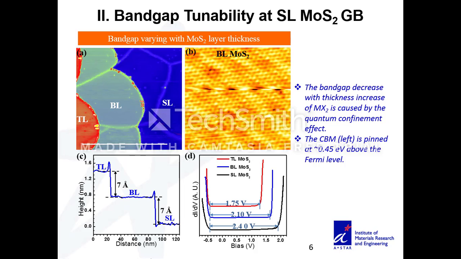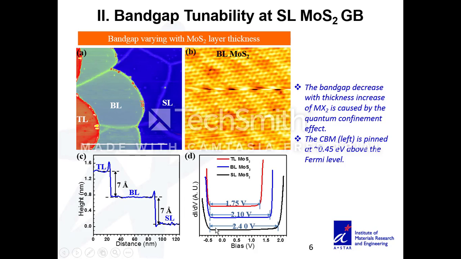We can also see some multilayer regions in this sample. Here we see the single layer, bilayer, and trilayer, and from the line profile, we get the height for each layer is 7 angstrom. We measured STS on the different regions, single layer, bilayer, and trilayer, and we see a thickness dependent bandgap trend.